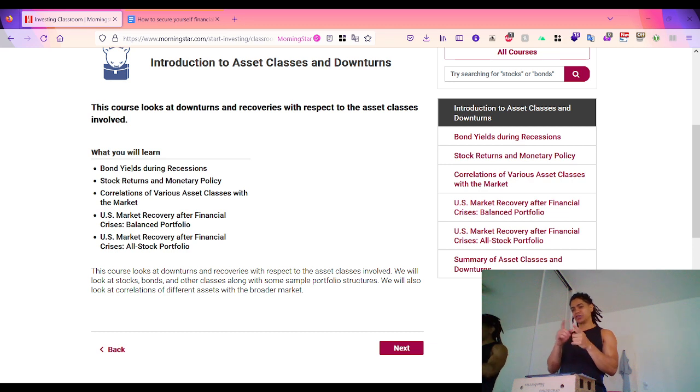Okay, so this course looks at downturns and recoveries with respect to the asset class involved. We will look at stocks, bonds, and other classes along with some sample portfolio structures. So I'm not sure what a portfolio is right now. Generally, I don't know what a portfolio is. I just have an idea of what it might be. But yes, we will look at stocks, bonds, and other classes along with some sample portfolio structures.